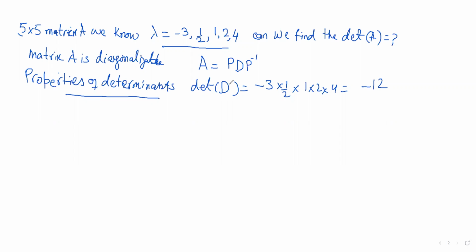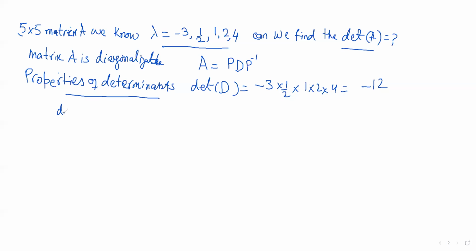So for that kind of matrix, the determinant is equal to the multiplication of its diagonal elements. And you know that the diagonal matrix is the one which places the eigenvalues on the diagonal. So what we need to find is the determinant of A.